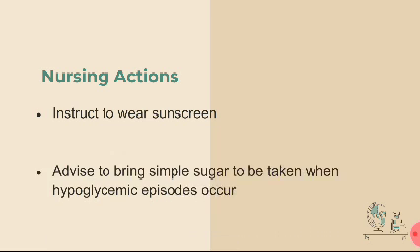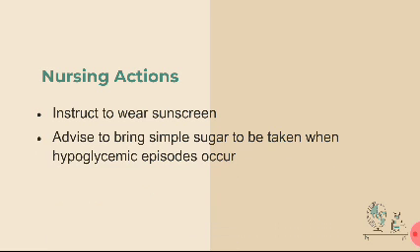Next is to advise to bring simple sugar to be taken when hypoglycemic episodes occur. As we all know, glucose is the main source of fuel for the body and brain, so you can't function well if you don't have enough. You can raise your blood sugar quickly by eating or drinking a simple sugar source such as glucose tablets or fruit juice, which can neutralize your blood glucose level, because too much of everything is bad.